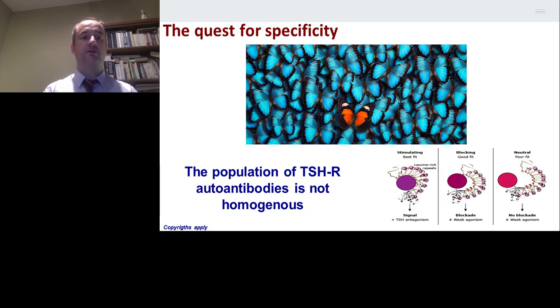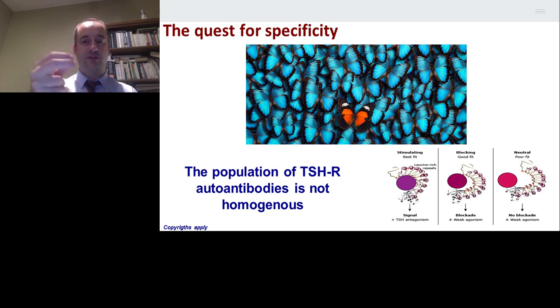Despite the question of standardization because of the antibody, there is also the question of the specificity of what we are targeting. The example, again, back to my TSH receptor autoantibodies, the population of autoantibodies that we are targeting might differ from a patient to another. We could face stimulating antibody, and that's usually the case at the start of the Graves' disease with hyperthyroidism.